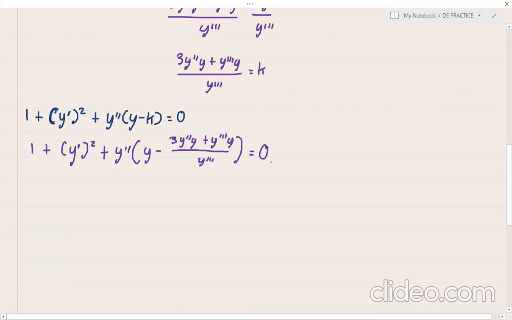Now, kung mapapansin nyo, after na-substitute ko si k sa third equation o yung second derivative ng given equation natin, anong napapansin nyo? Di ba wala na si k o yung arbitrary constant? So, after mo na-substitute yun, then yan na yung magiging final answer mo. Tapos na. Okay?